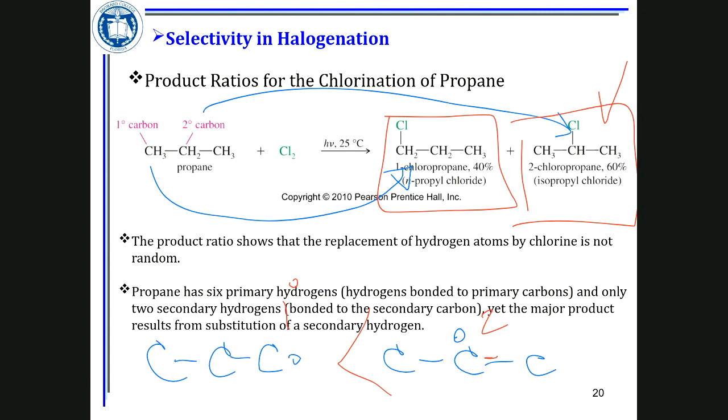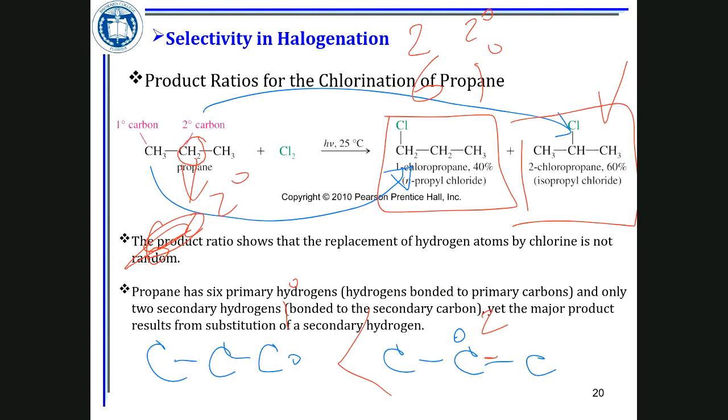Also, count how many secondary hydrogens you have here. You only have 2 secondary hydrogens, but you have 6 primary hydrogens, because only these hydrogens are secondary.